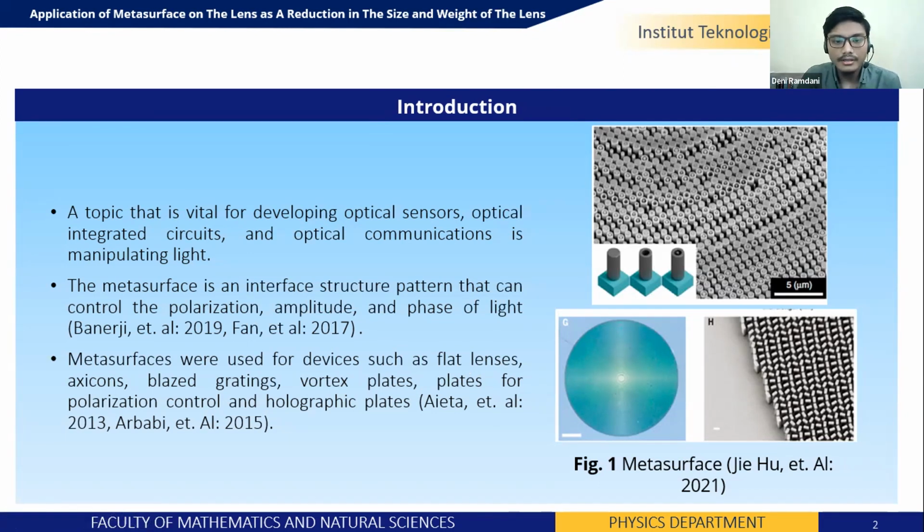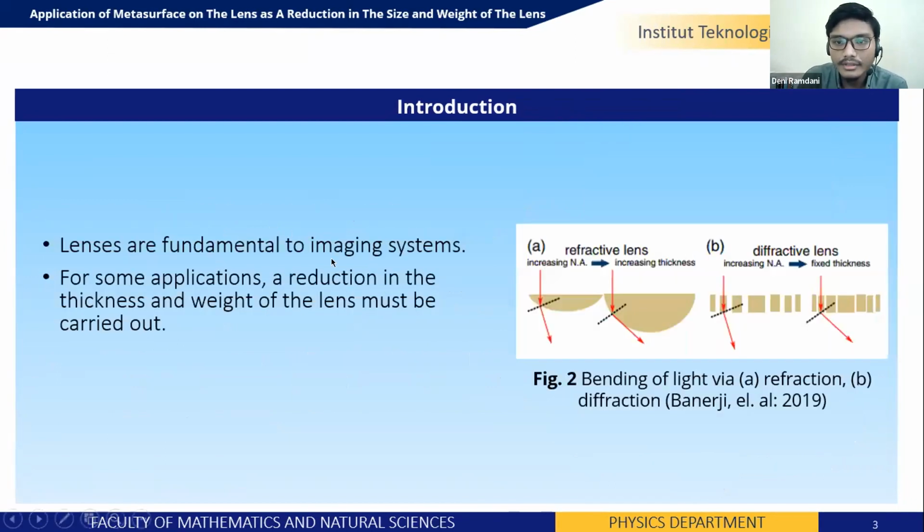There are so many functions of the metasurface, such as the flat lens, hexagon, glass grating, vortex plates, plates for polarization, and holographic plates. In the figure, I show you the flat lens. As it's known, the lenses are fundamental to imaging systems.